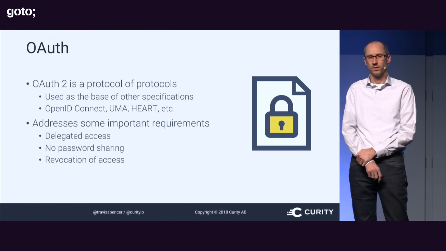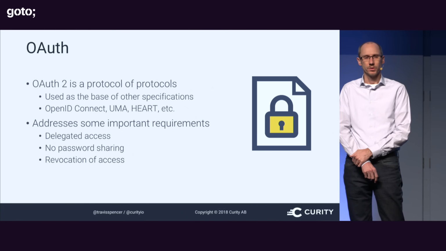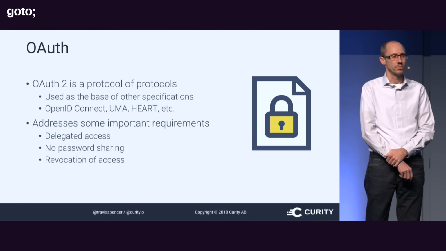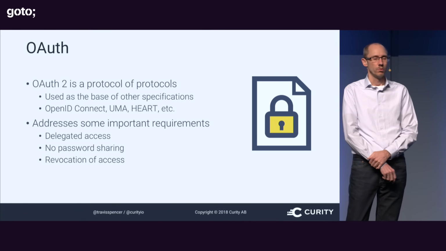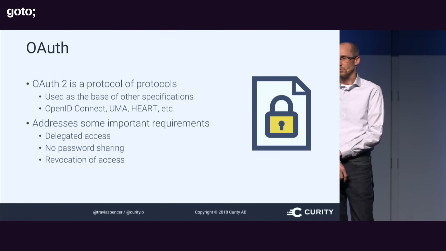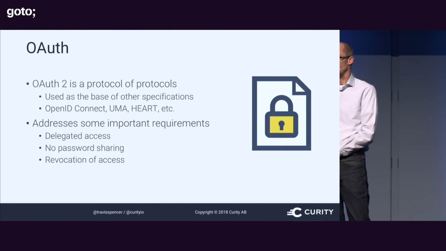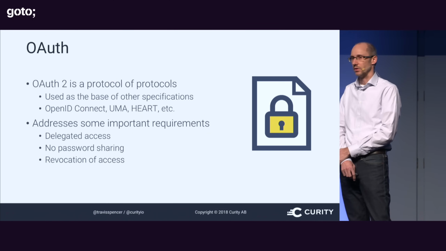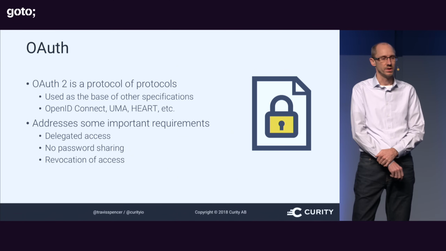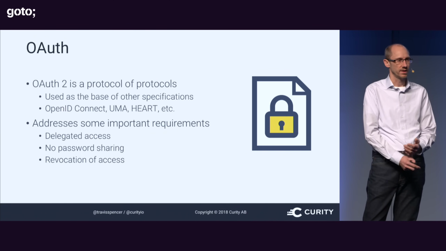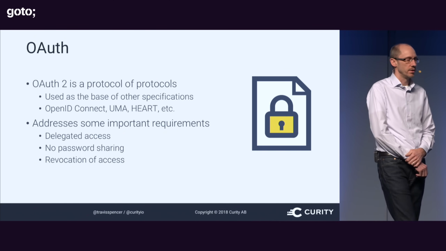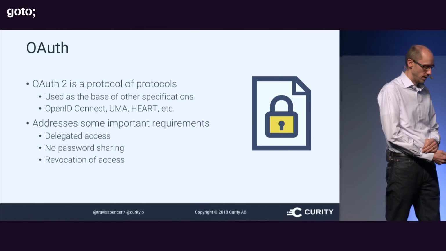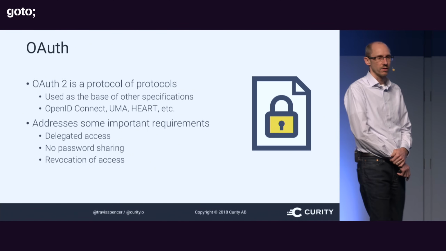So that if I want to disallow a certain application to access my resources, I don't have to revoke all access to all applications. So in the bad old days when we would give our password out to all sorts of different client applications, the only way to revoke access was to reset my password, which would revoke all access to all apps. So now using OAuth, we have a more fine-grained way of revoking access.